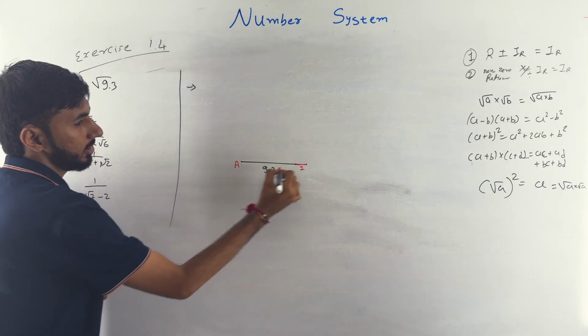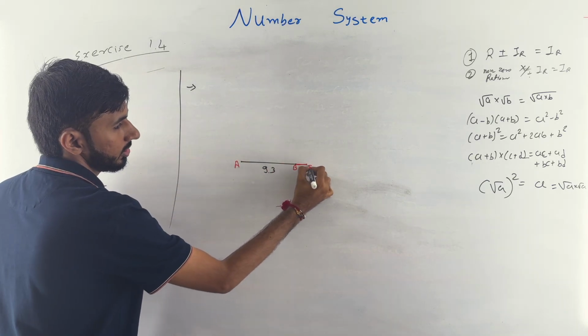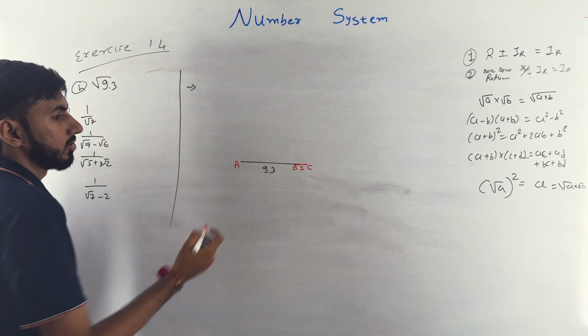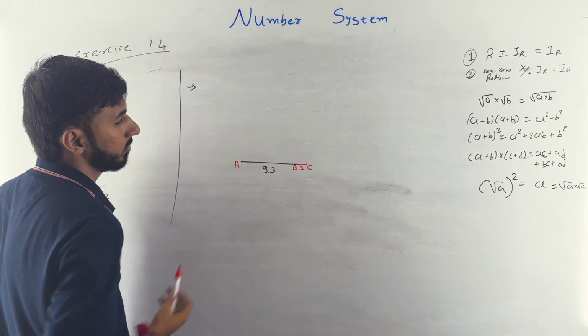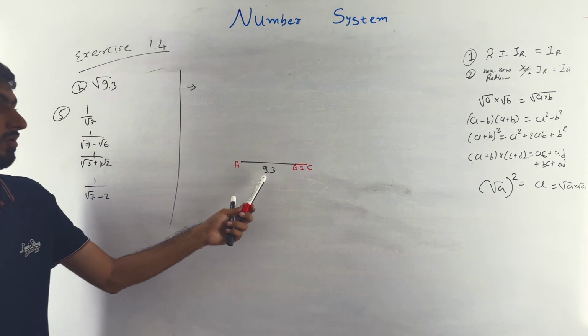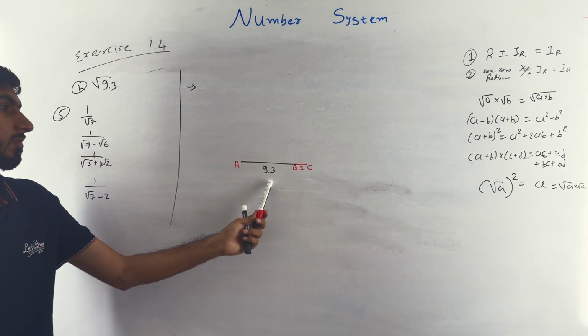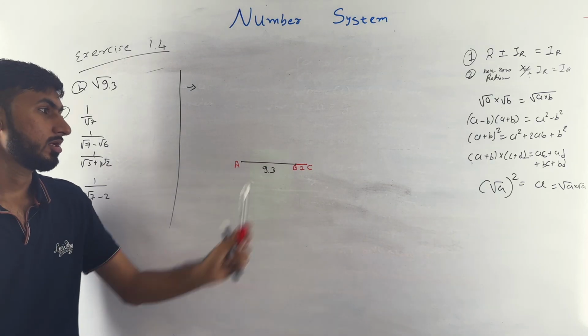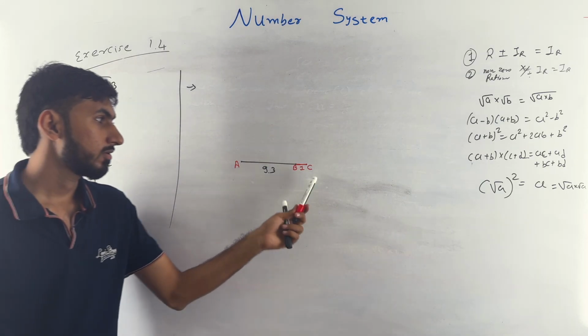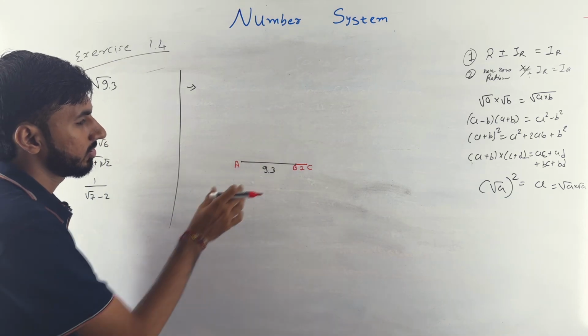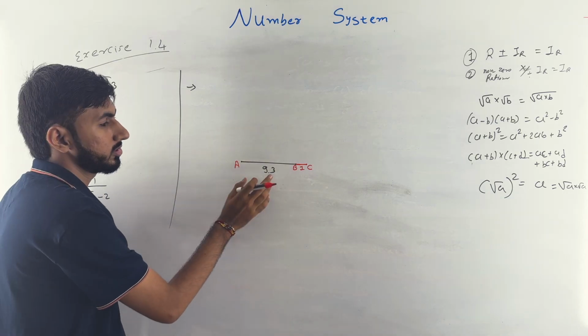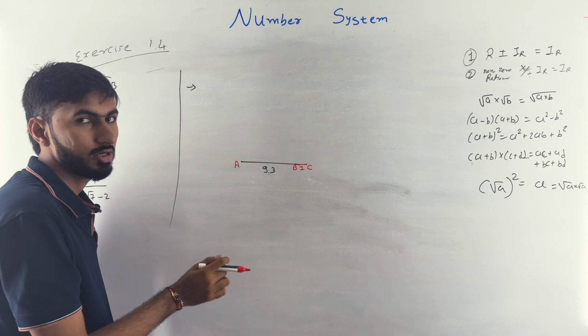Let me name it A, here I can name it B, C. So first I have drawn a line segment of 9.3 units, that is AB, and I have extended it by one unit. You can simply use 9.3 centimeters and 1 centimeter.